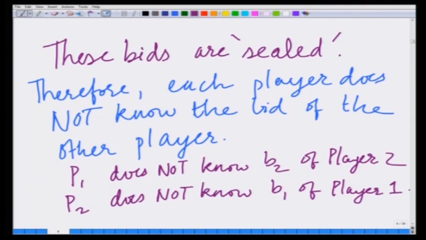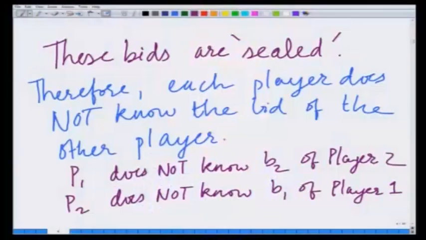Both the players submit their bids B1 and B2 in sealed envelopes, which means they are not disclosing their bids to the other player. Therefore, P1 does not know the bid B2 of player 2, and the second player also does not know the bid B1 of player 1.